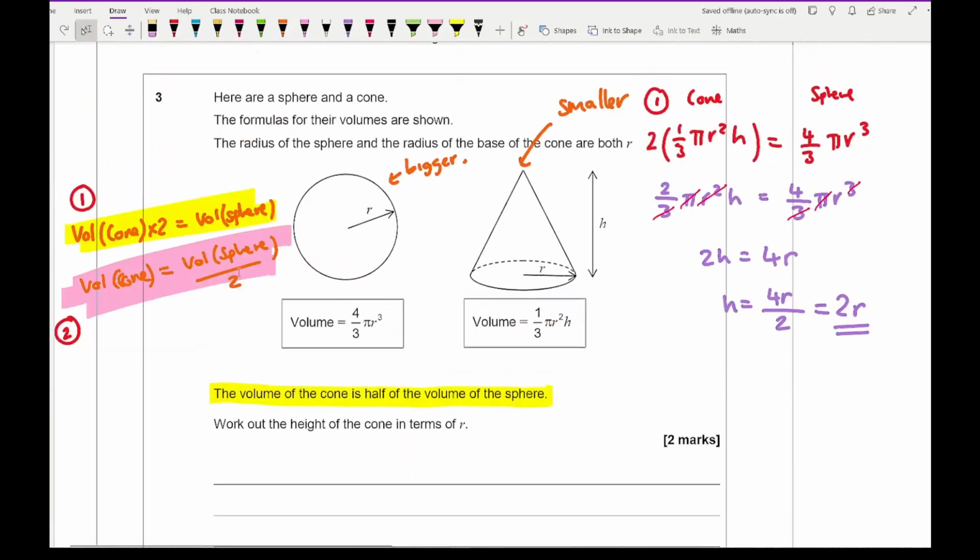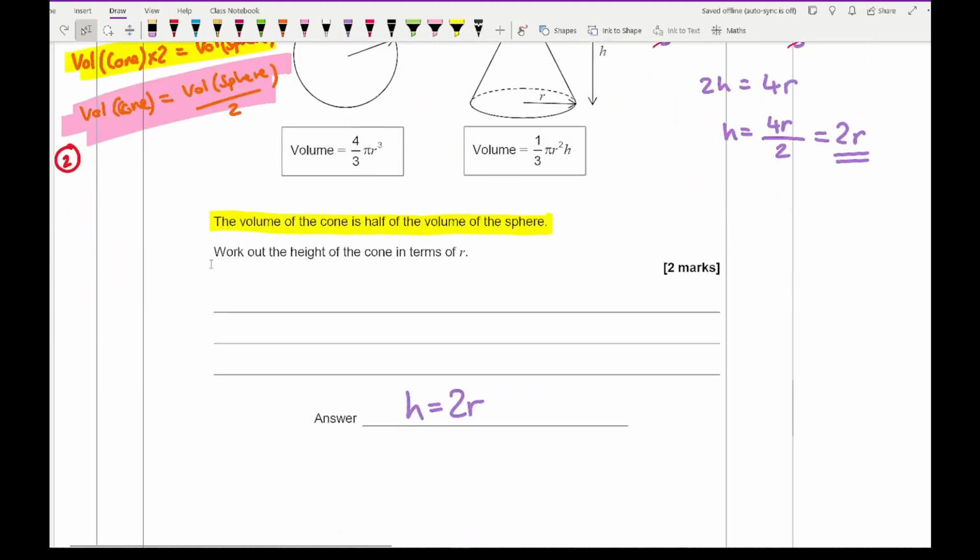Now, if I was to use the second method, let me just move the second method over here. So then the volume of the cone, which is 1/3 pi r squared h, and this is number 2, is going to equal the volume of the sphere, which is 4/3 pi r cubed divided by 2.